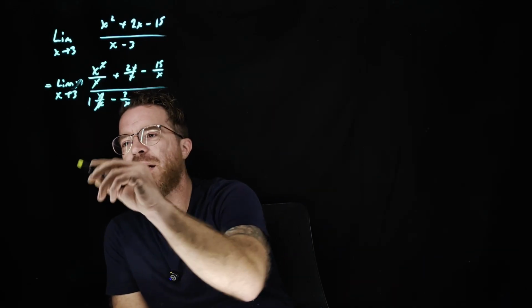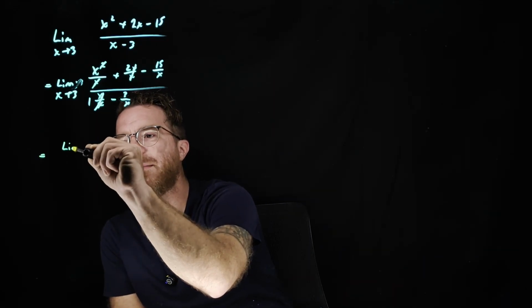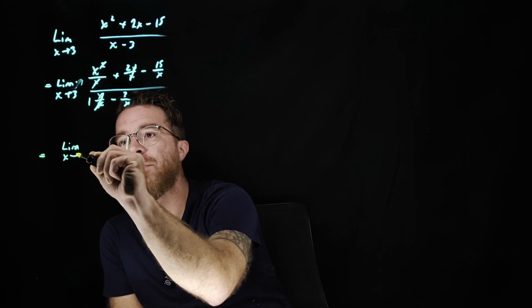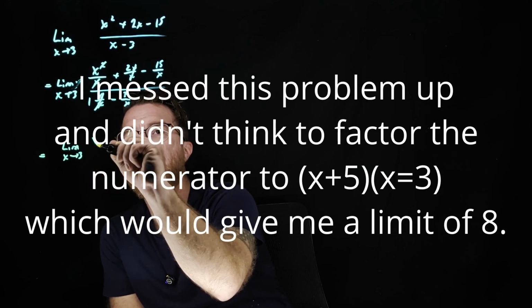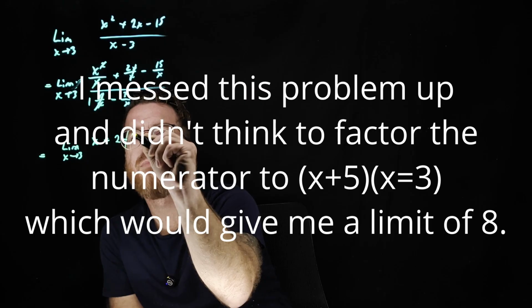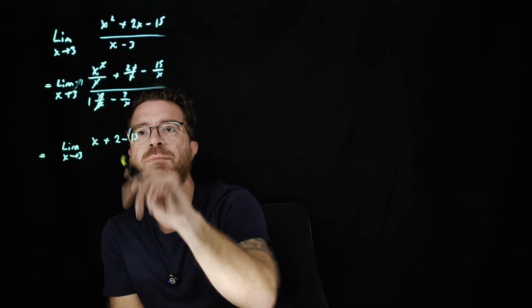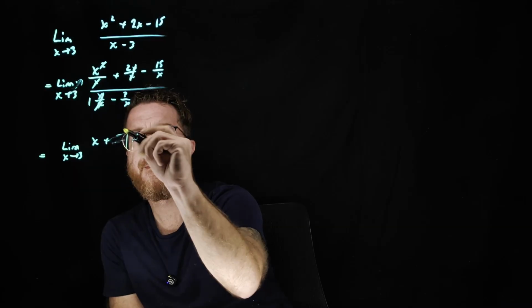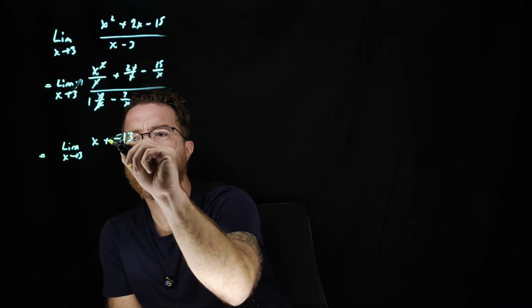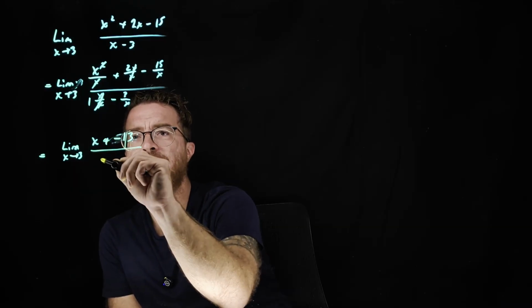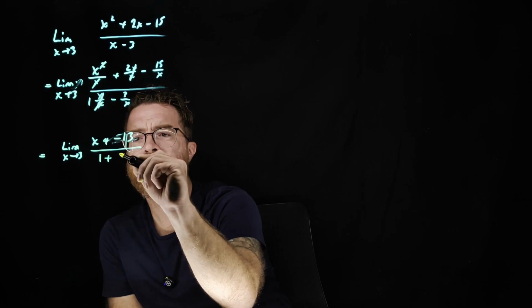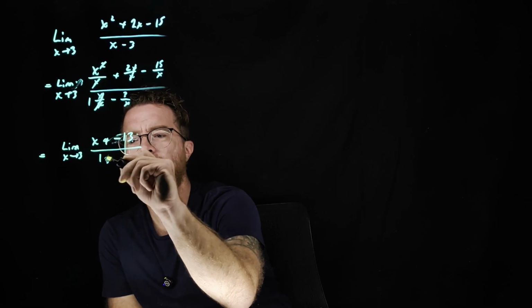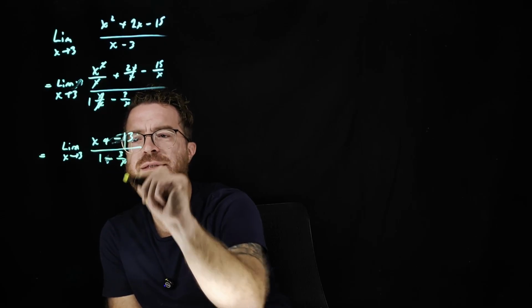So in this case, we have the limit of a fraction. So this is going to be the limit as x approaches 3, x plus 2 minus 15, which I'm going to combine together. So that's going to be x minus 13 divided by 1 plus minus 3 over x.